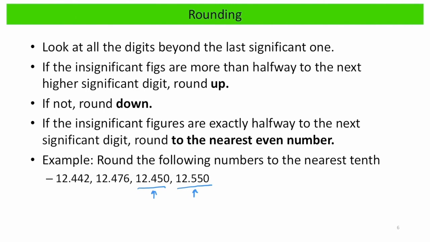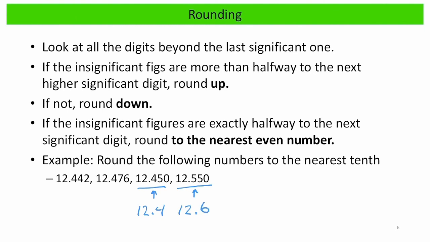Right? So for the case of 12.450, if you wanted to round that to the nearest tenth or the nearest single decimal place, that's going to end up being 12.4 because that's the nearest even number. And the other example here, if you're rounding that to the nearest even number, you would round that to 12.6.